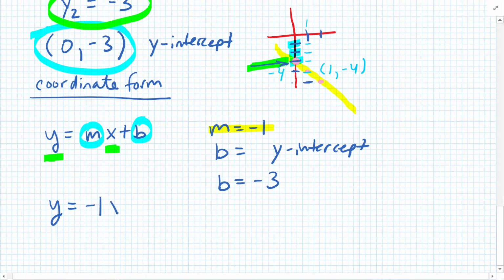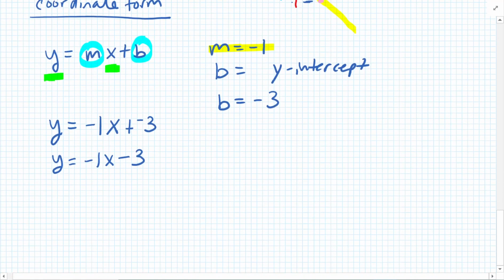And then we're going to write our x, and then we're going to add our b. When you add a -3, you end up with y equals -1x minus 3. So plus a minus is a minus.